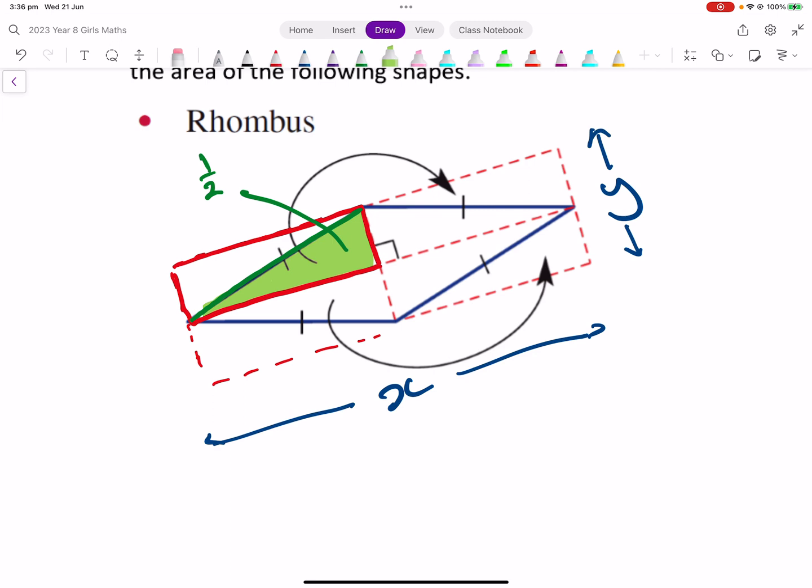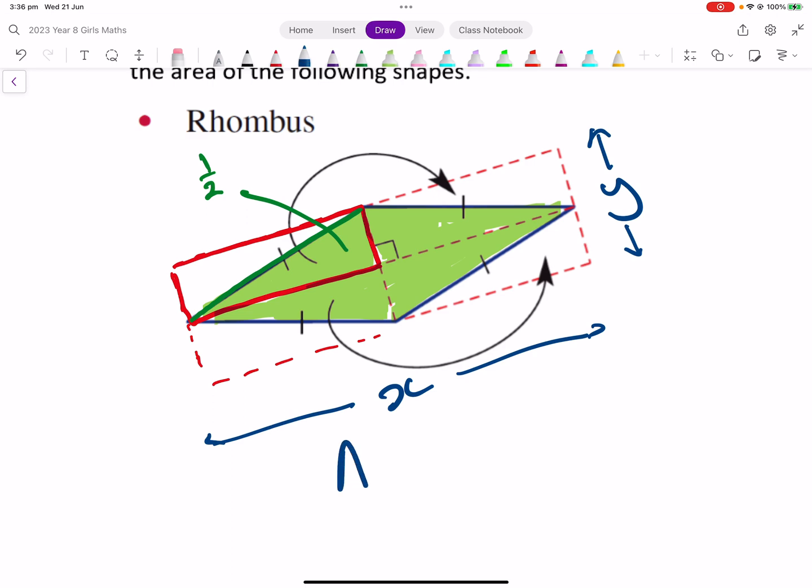And the same thing here. This one is a half of the right-hand rectangle. This one is a half of the bottom left-hand rectangle. And this one is a half of the bottom right-hand rectangle.